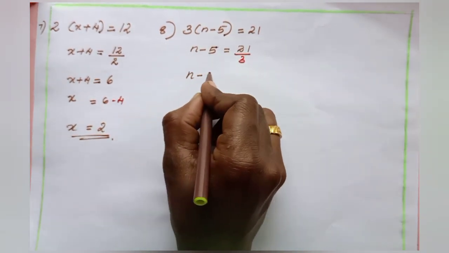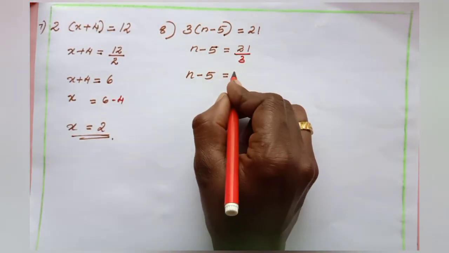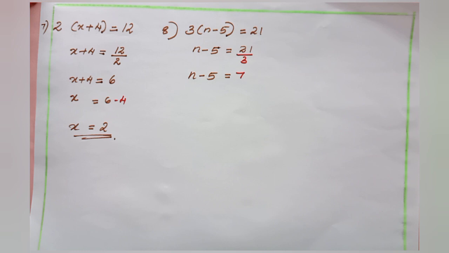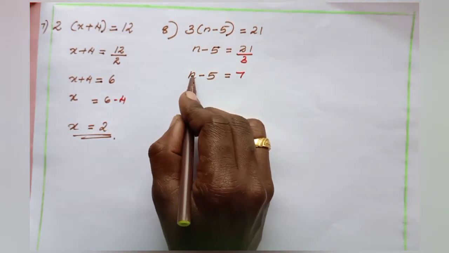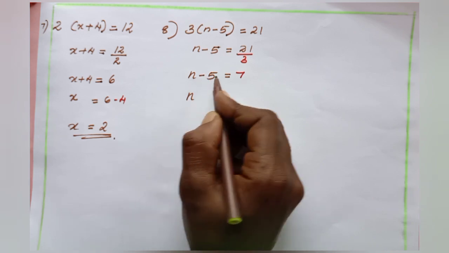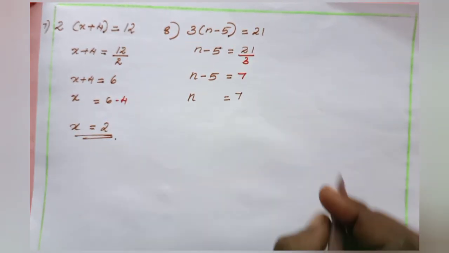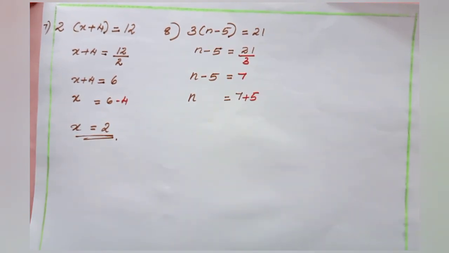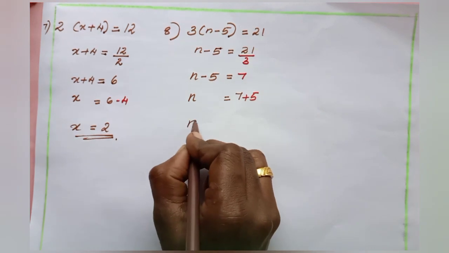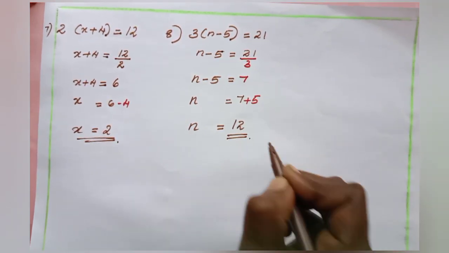So we get n minus 5 equal to 21 divided by 3, which is 7. Then to find the value of n, transpose the negative 5 to the right side. Negative 5 changes into positive 5. So we get n equal to 7 plus 5, which is 12.